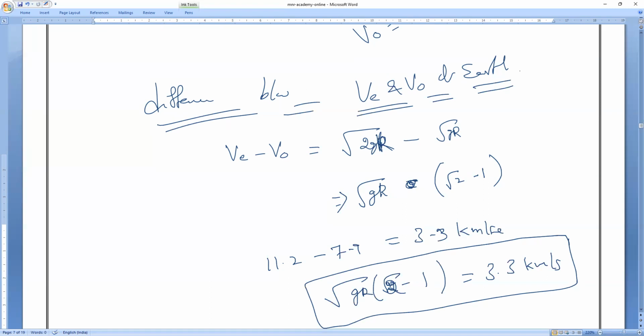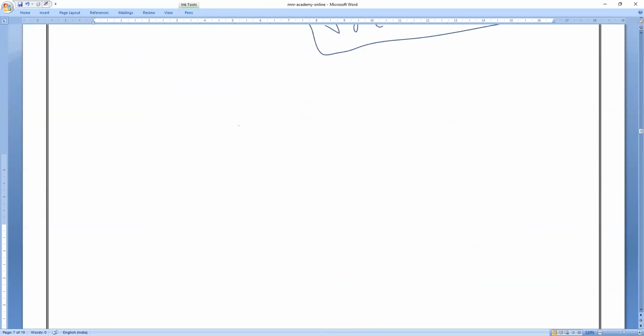This is the concept of orbital velocity and escape velocity. Please remember, escape velocity from the surface is root over 2gR, and orbital velocity closer to the surface is root over gR. For normal conditions, what is the escape velocity formula, guys?